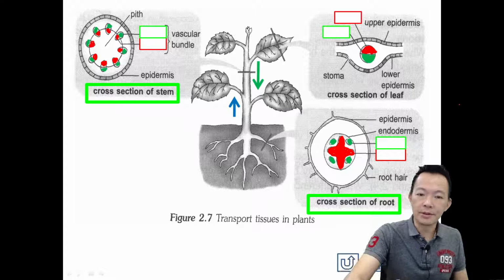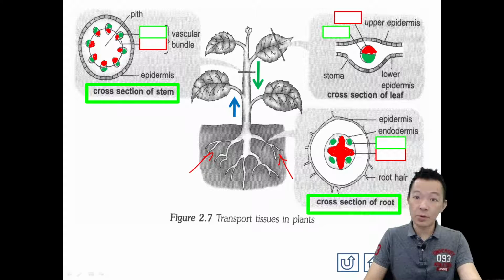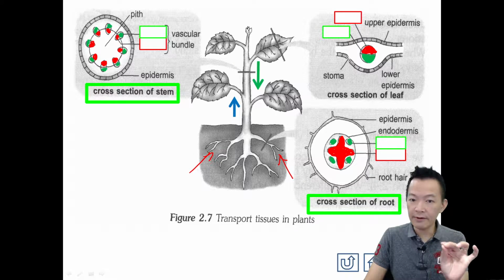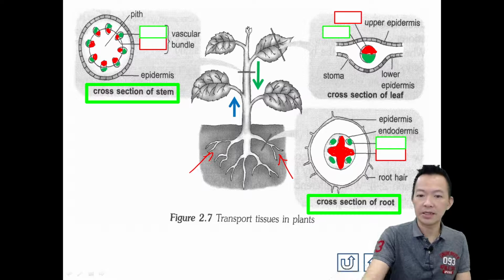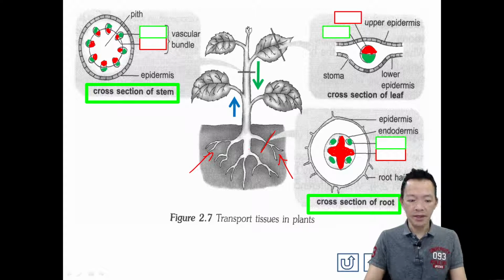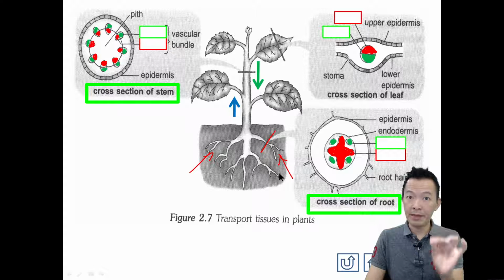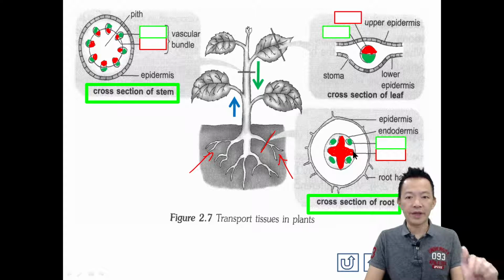So when the plant roots absorb the water, after absorbing, the water is going to pass through the vascular tissue called xylem tissue. But where is the xylem tissue? If you cut the root here and look at the cross section, where is the xylem tissue? Say today the water is red in color. After the plant root absorbs the water, you cut the root, and which part of the root becomes red?